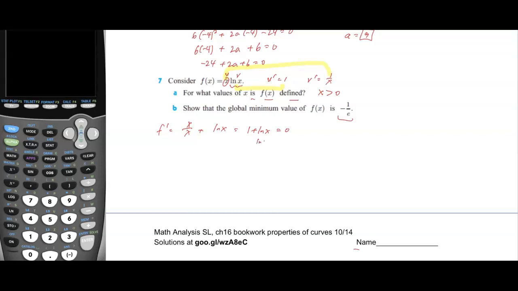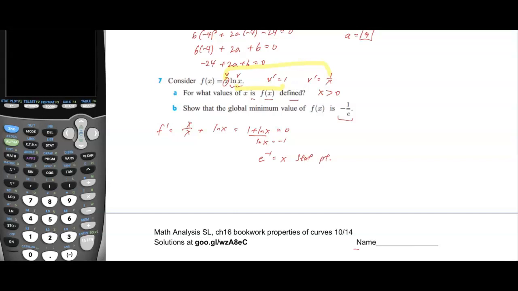Let's see. Stationary points would exist if this equation is true. Natural log of x is -1. When is natural log of x equal to -1? If we do snail rule, we would find out that e to the negative 1 is equal to x. Okay. So this would be a stationary point, right?